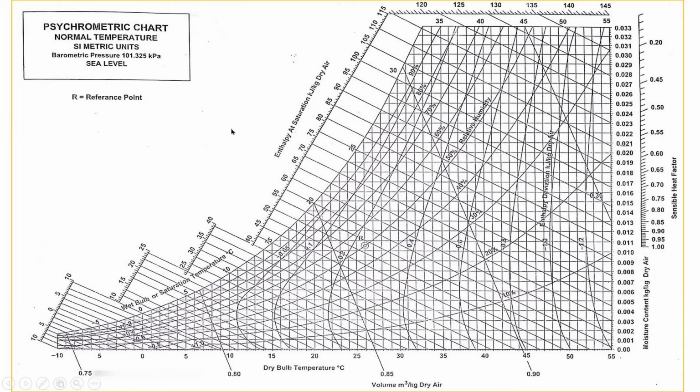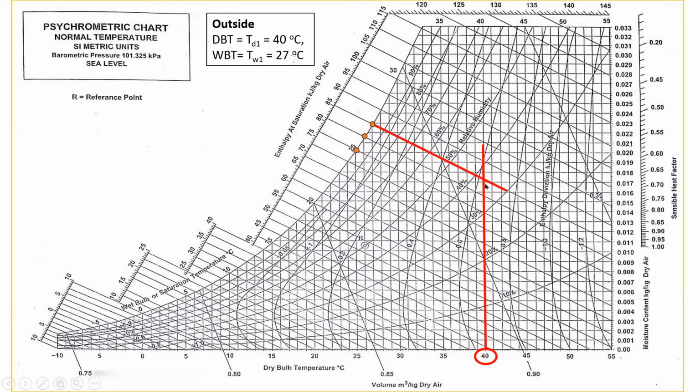So we have to look at outside condition, dry bulb temperature 40 degrees Celsius and wet bulb temperature 27 degrees Celsius. So on x-axis, here it is the 40 degrees Celsius dry bulb temperature. So we can draw vertical line from this and 27 degrees Celsius wet bulb temperature. So here it is 25, 26, 27. So from this 27, we can draw a line along constant wet bulb temperature line like this.